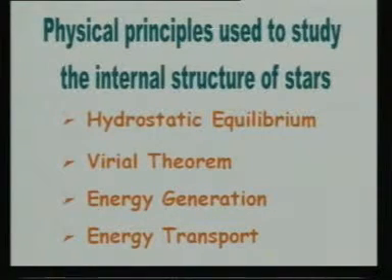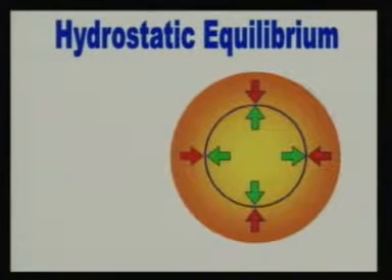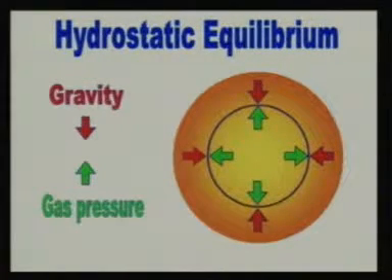And this slide shows you the physical principles which we use to study the internal structure of stars. First is hydrostatic equilibrium. We shall explain them one by one, Virial theorem, and then energy generation, and lastly the energy transport from the core to the surface. You must remember that there are only two things which determine the hydrostatic equilibrium of a star.